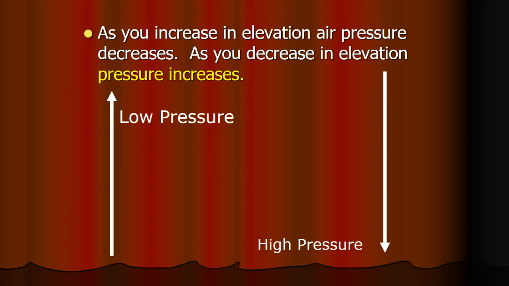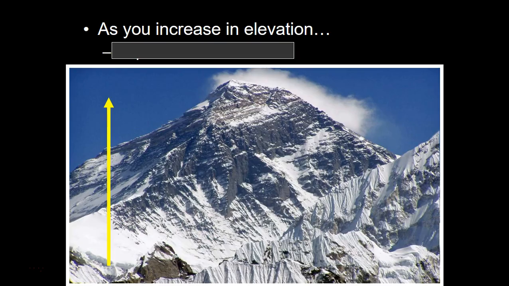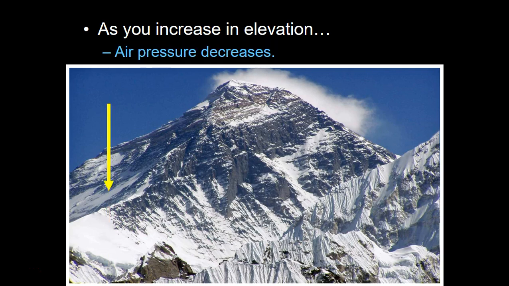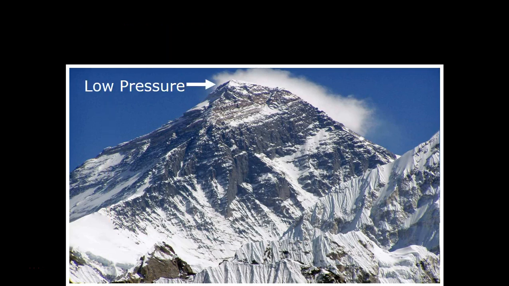And in the box over on the side, go ahead and draw these arrows here to help you remember that as you increase in elevation, air pressure decreases. So again, as you increase in elevation, air pressure decreases.